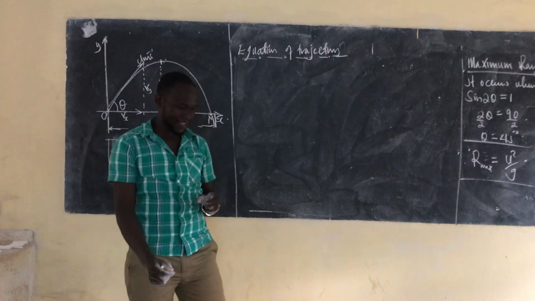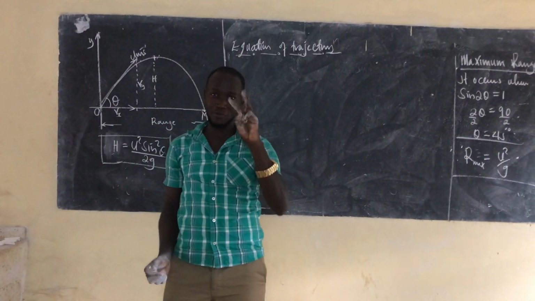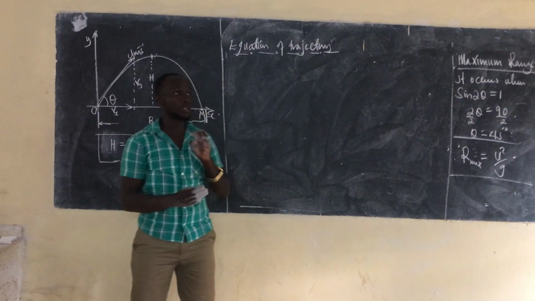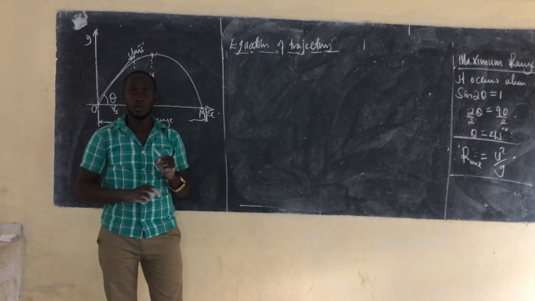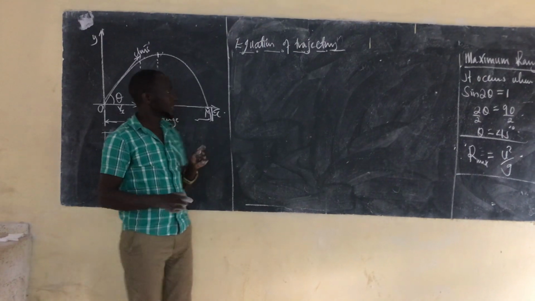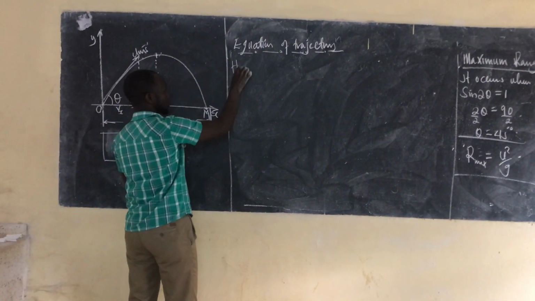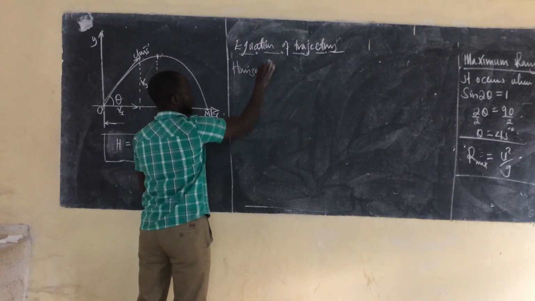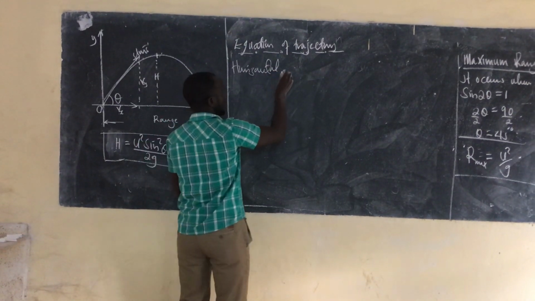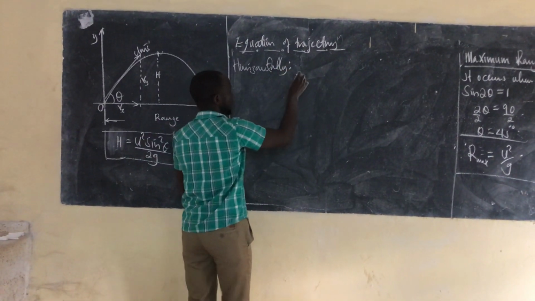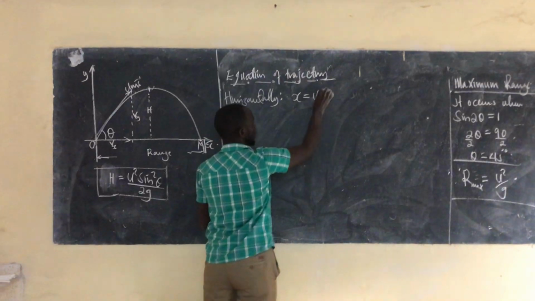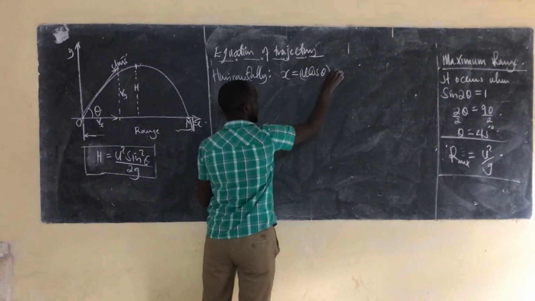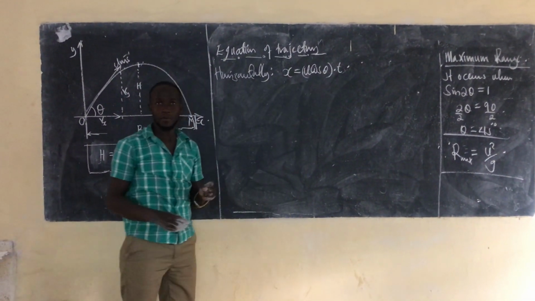This one is a combination of two motions. You have both the horizontal and vertical motion. Remember, horizontally, we had x equals u cos theta times t, if you can possibly remember.